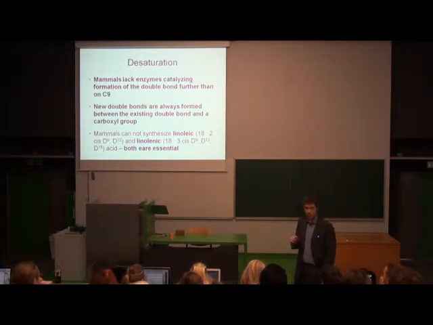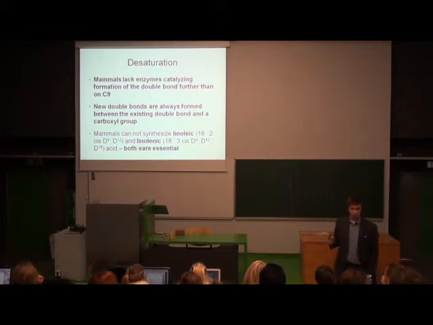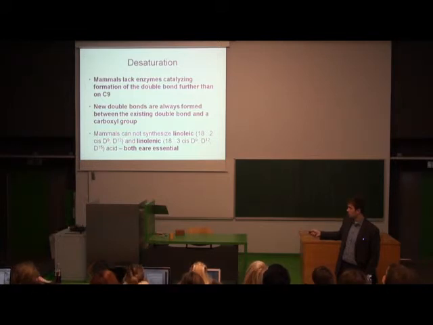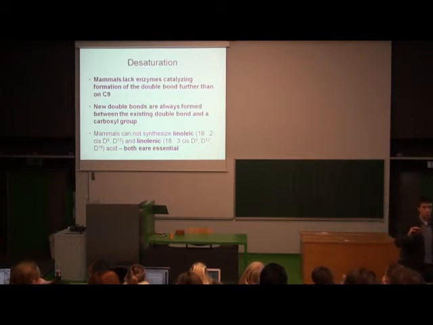It's an unsaturated fatty acid with 18 carbons and the double bond on the carbon number 9. But linoleic acid that has 18 carbon atoms and 2 double bonds, one on carbon number 9 and the second on carbon number 12, this we cannot synthesize. For our desaturases can only put the double bond to carbon number 9 and not further.